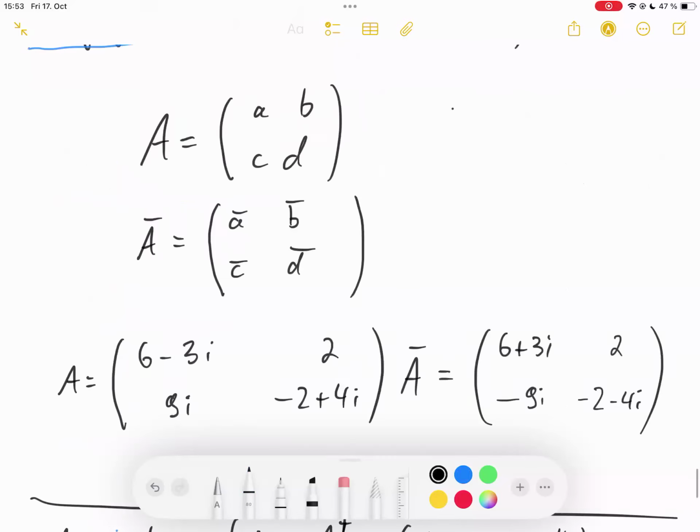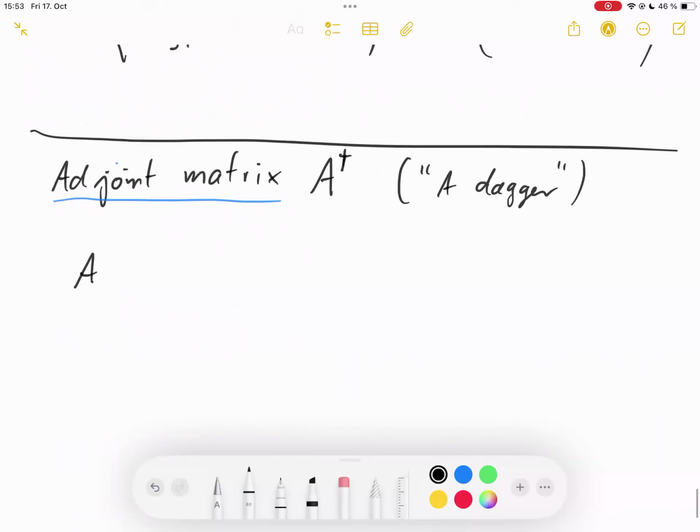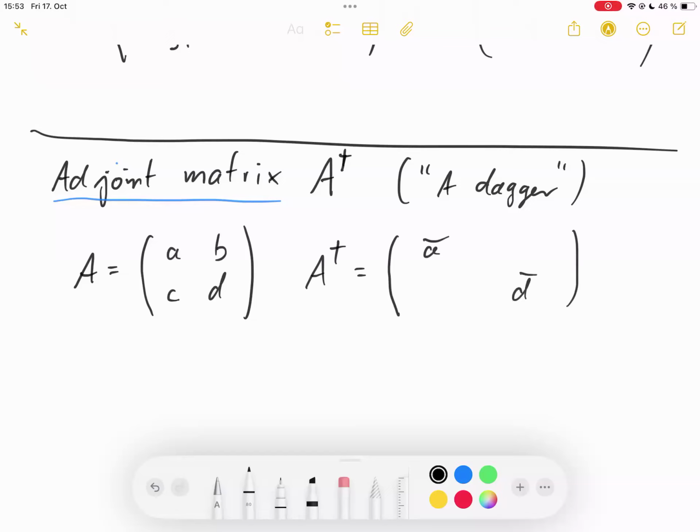Very importantly, this concept here of the conjugate matrix is not just constrained to 2 times 2 matrices, obviously to other dimensions as well. And this adjoint matrix, again, has complex entries A, B, C, and D. And the A dagger, so the adjoint, is very similar to the conjugate matrix because we have an A conjugate and a D conjugate.